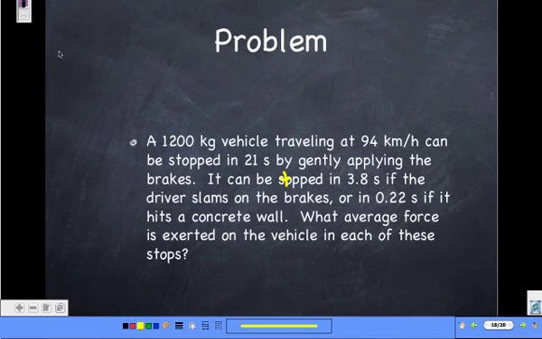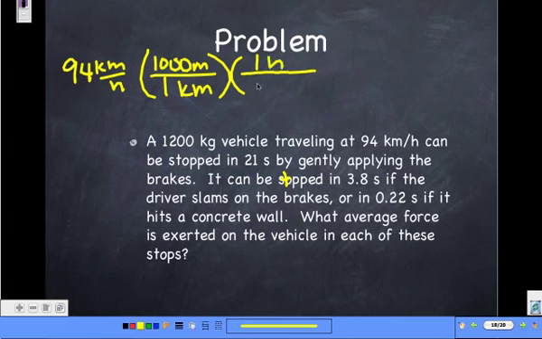Okay, let's change 94 kilometers per hour into meters per second first. So in 1 kilometer, how many meters do we have? And then 1 hour has, do you guys know how many seconds? Yep, 3,600 seconds.